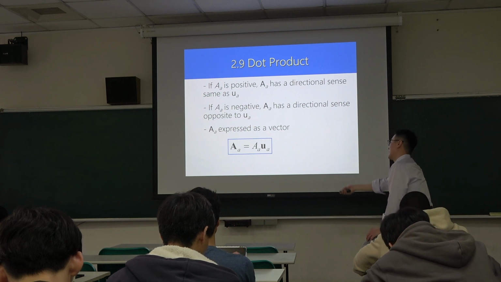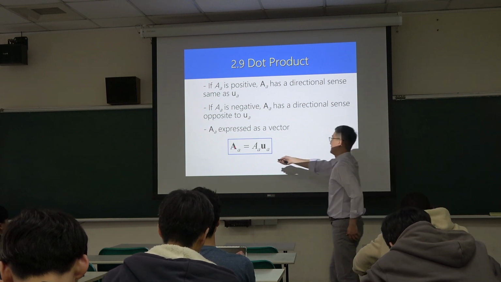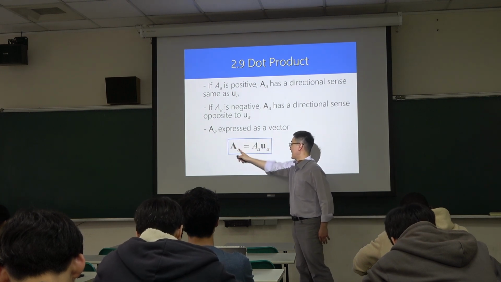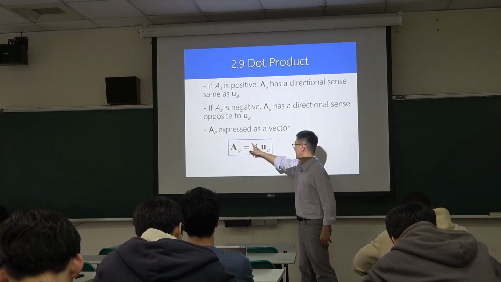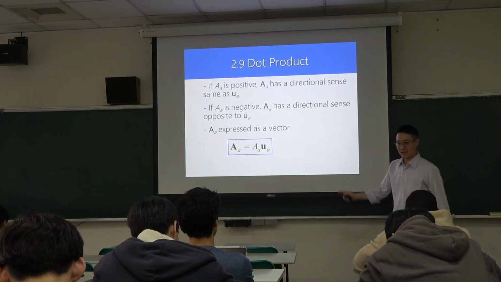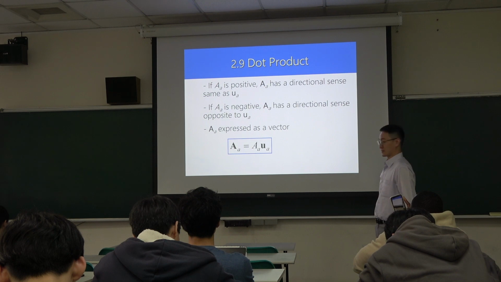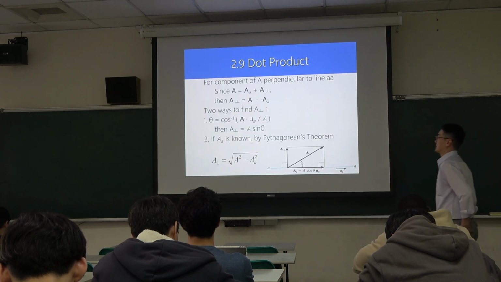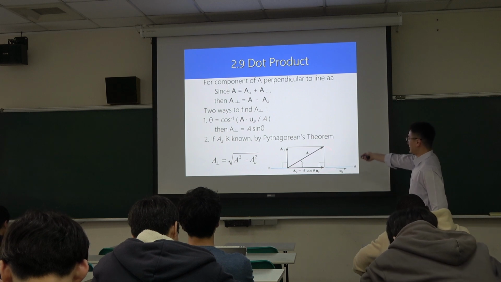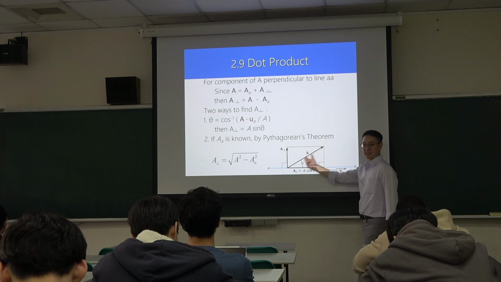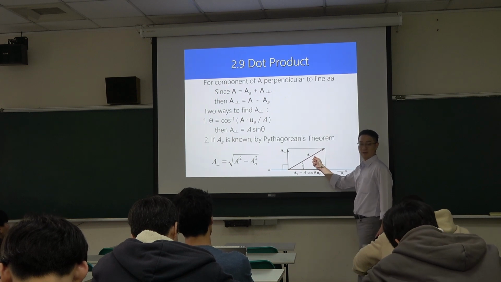Okay, then it's the same formula. Vector AA is scalar AA times unit vector A. Follow this relationship. So you can imagine the resultant vector.